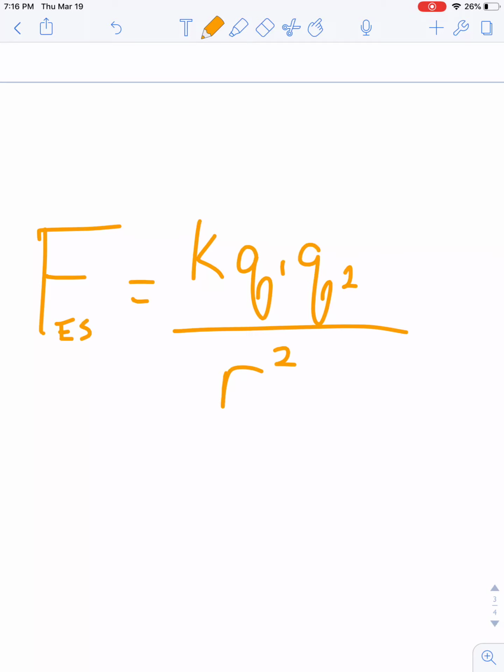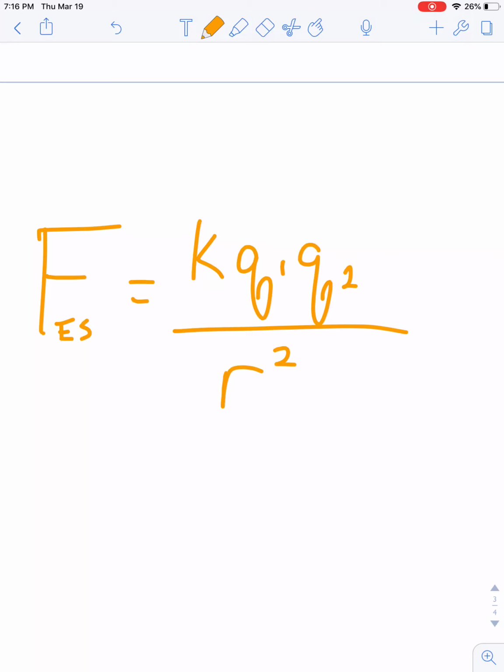Therefore, if we were to double the charge of one of the objects, you're going to double the electrostatic force between those two charges. If you cut one of the charges in half, then you will cut the force between those charges in half as well.